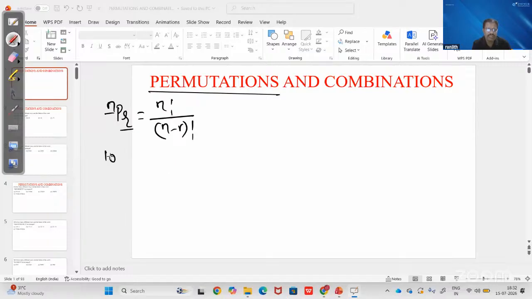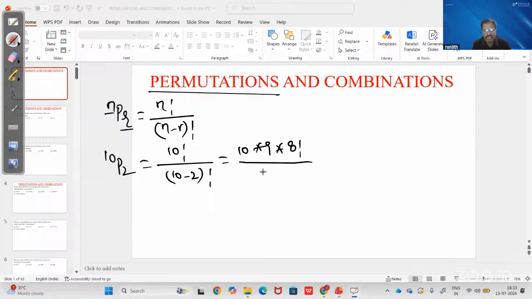So 10P2 is equal to 10 factorial by 10 minus 2 factorial. 10 factorial is 10 into 9 into 8 factorial divided by 8 factorial, whereas 8 factorial will be cancelled. 10 nines are 90. Every time we can't write 10 into 9 into 8 factorial by 8 factorial.